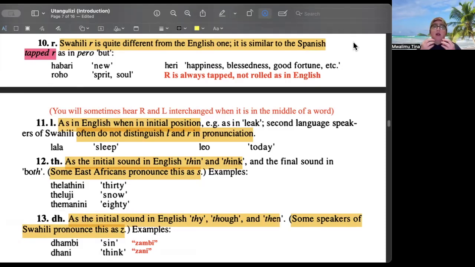It is not rounding, it is just simply da-da-da-da tapping. So for example, rather than habari, we have habari. Rojo, rojo. Heri, heri. This may also take some practice.